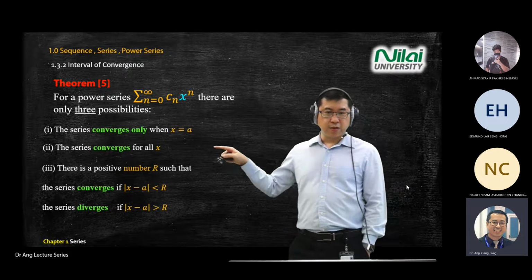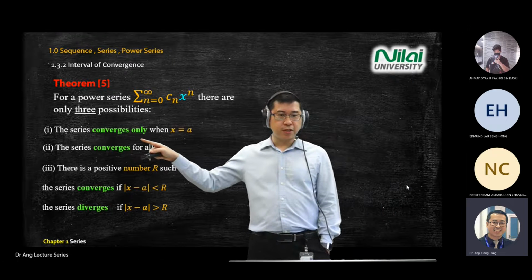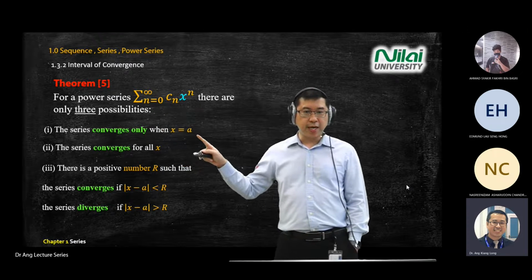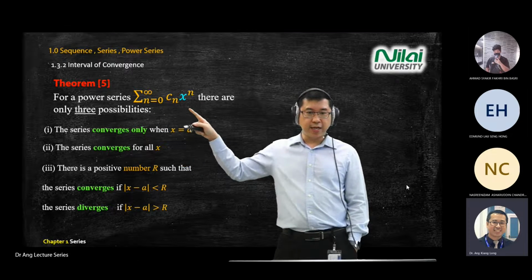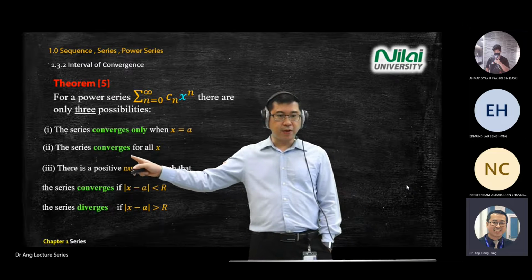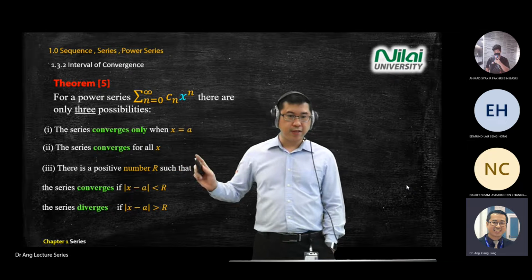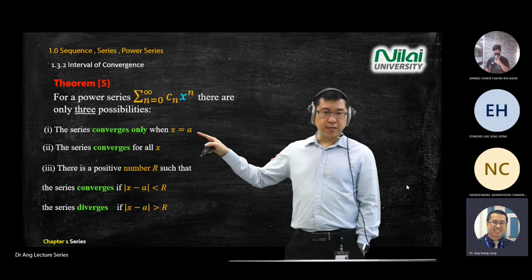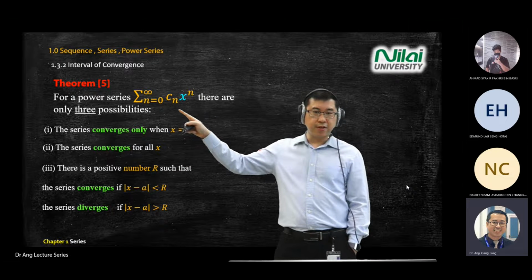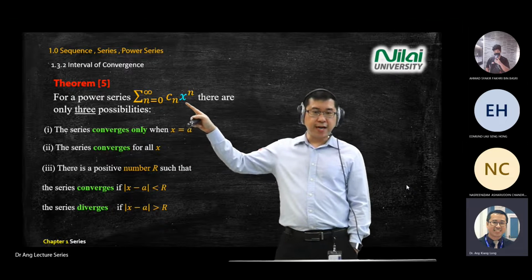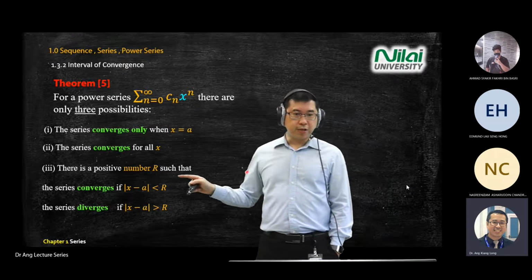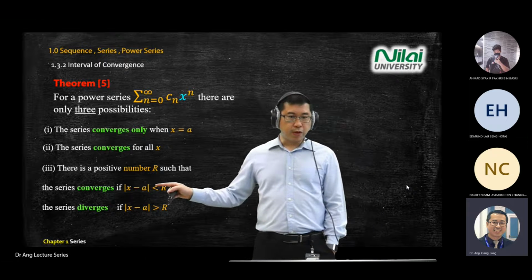One, the power series will converge when x equals a. Second, the power series will converge for all the x, means if you change the x also, it will converge. There are 3 possibilities.